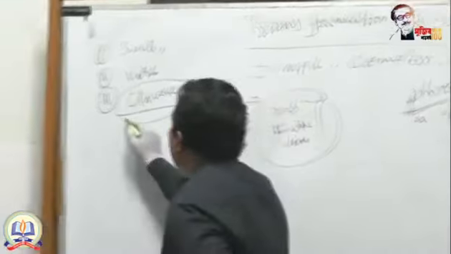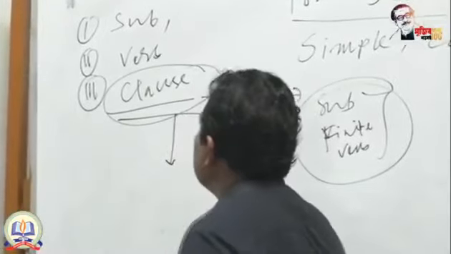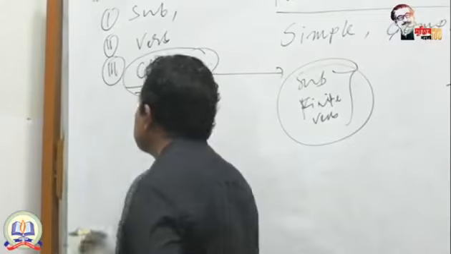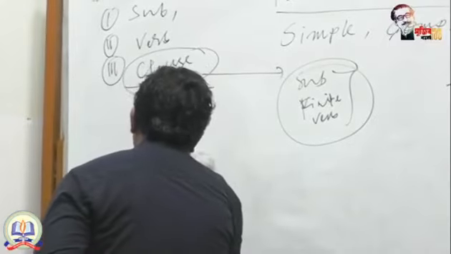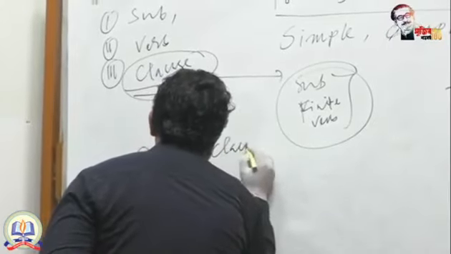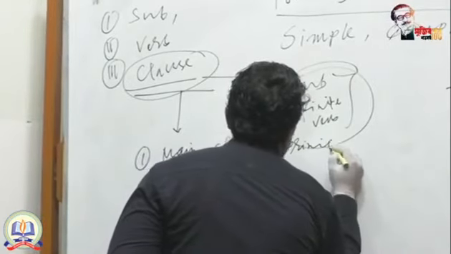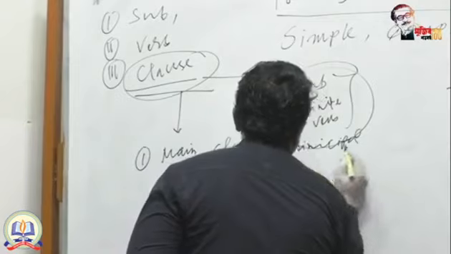How many clauses will you get? There are three types of clauses, sometimes you can say two types. What are they? Number one, main clause or principal clause.